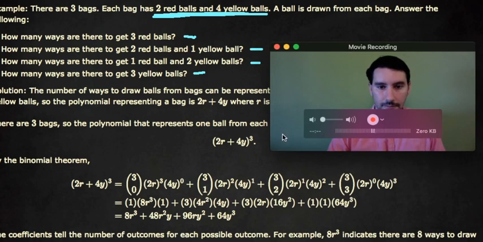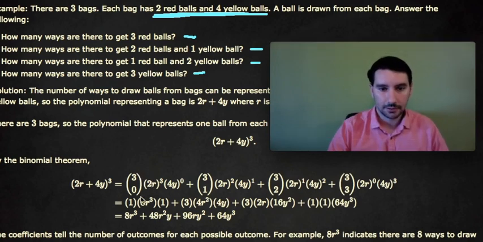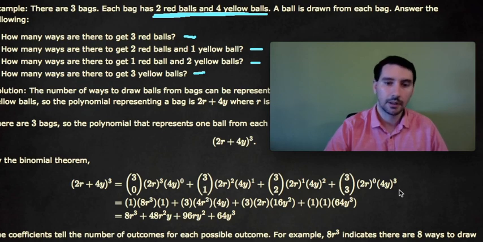By the binomial theorem, we have 3 choose 0, 2r cubed, 4y to the 0, plus 3 choose 1, 2r squared, 4y to the 1, plus 3 choose 2, 2r to the 1, 4y squared, plus 3 choose 3, 2r to the 0, 4y cubed, as the expansion of this polynomial.